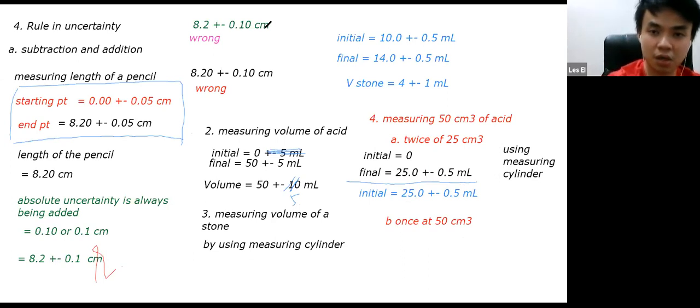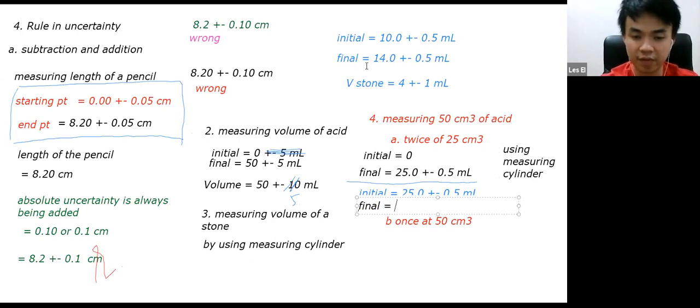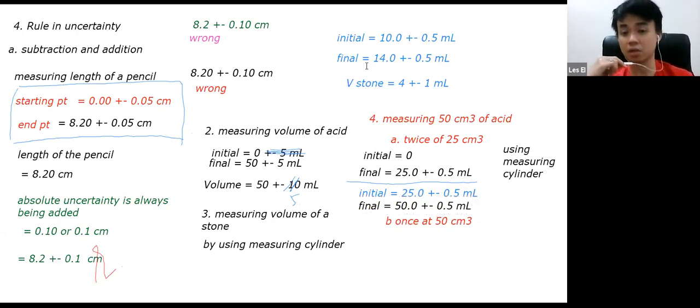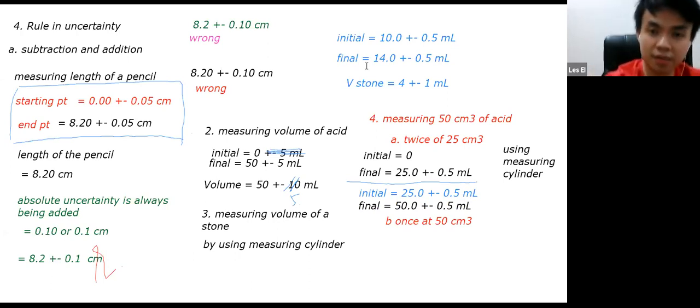So your final amount is 50.0 plus minus 0.5 milliliter. When you want to count the total volume, I can call this V1 and this V2. My total volume, I will add them up together. So it's 50, right?